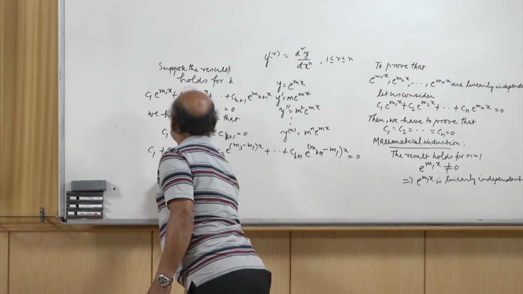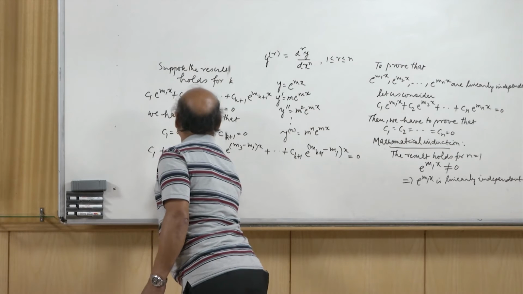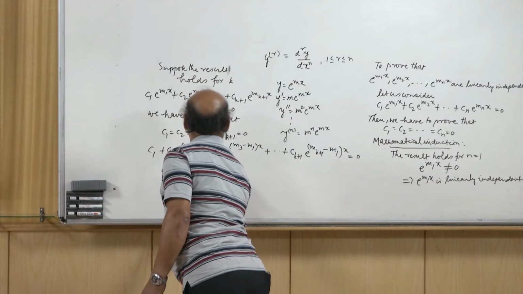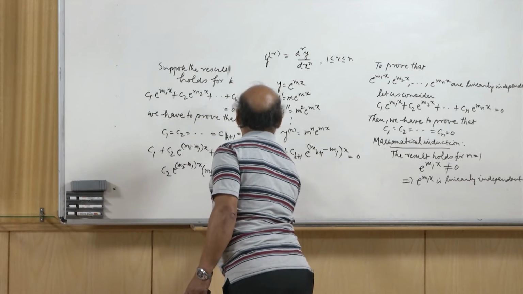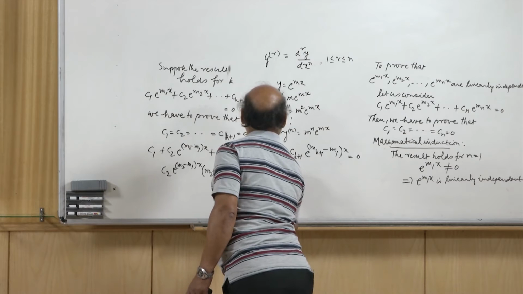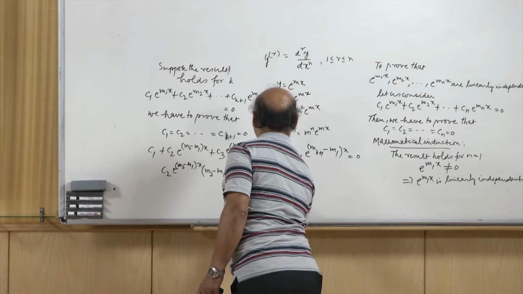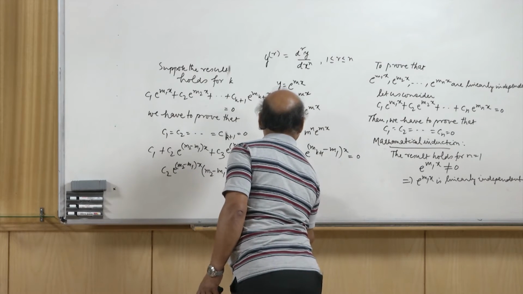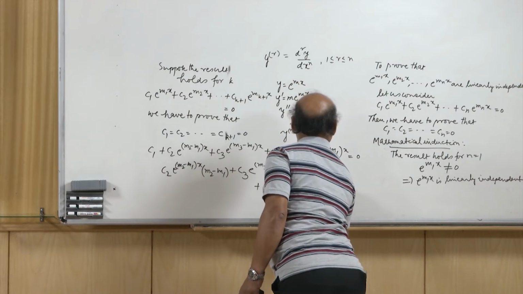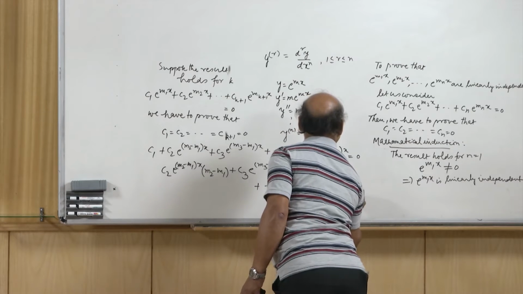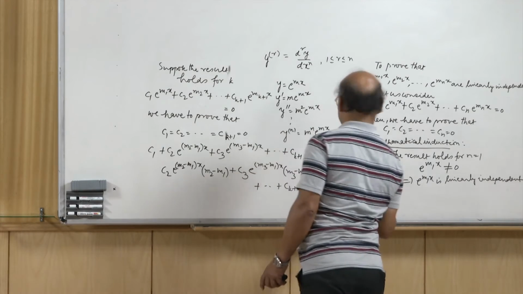Then we will get C2 e to the power (m2 minus m1) x into (m2 minus m1), plus C3 e to the power (m3 minus m1) x into (m3 minus m1) and so on, Ck plus 1 e to the power (mk plus 1 minus m1) x into (mk plus 1 minus m1) equal to 0.